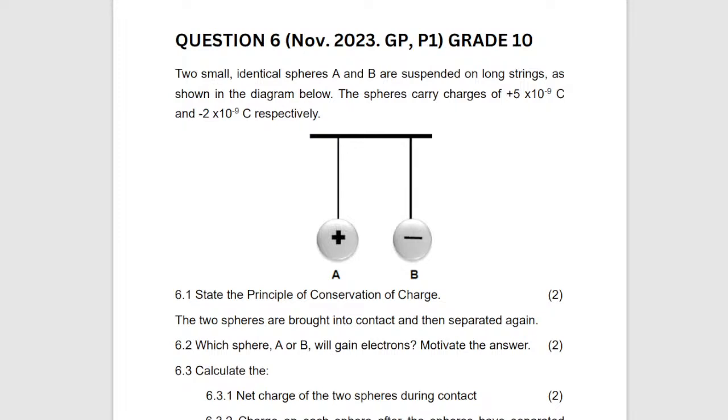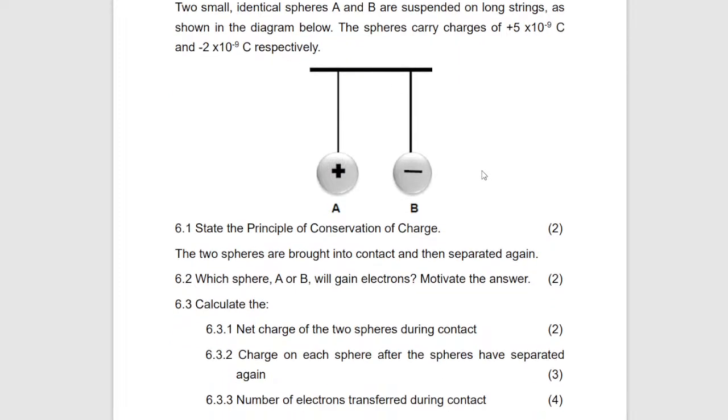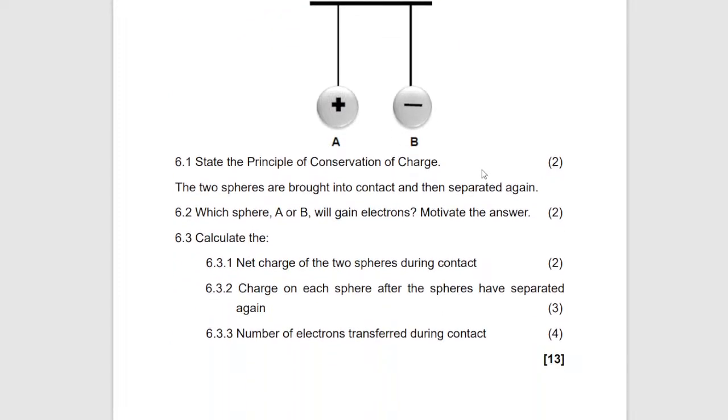They say: state the principle of conservation of charge. The two spheres are brought into contact and then separated again. Which sphere, A or B, will gain electrons? Motivate your answer and calculate the net charge of the two spheres. And then the next question, I have to move it a little bit down. They say: calculate the charge on each sphere after the separation and calculate the number of electrons.